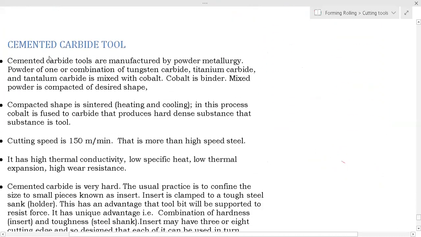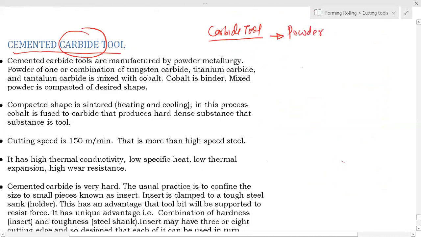Now one is called the cemented carbide tool. Generally we call it the carbide tool. Whenever the word cemented carbide tool is used, understand that it is made by the powder metallurgy technique.